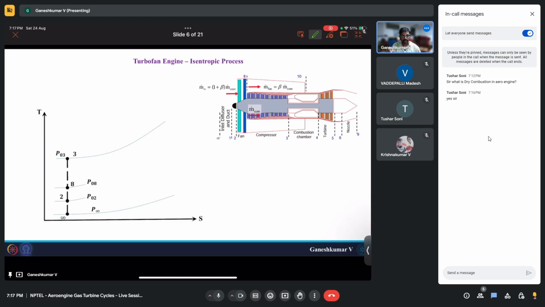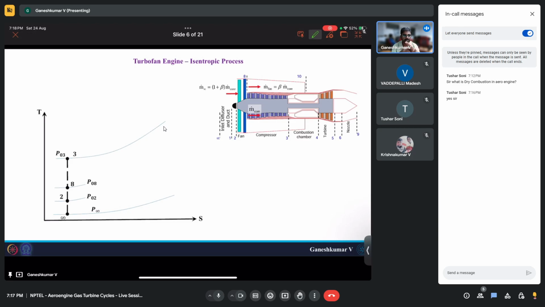It's actually a constant pressure heat addition process, and we are going to assume the combustion chamber doesn't have any pressure losses. So you have this P03 line, or isobaric line, in the TS diagram.